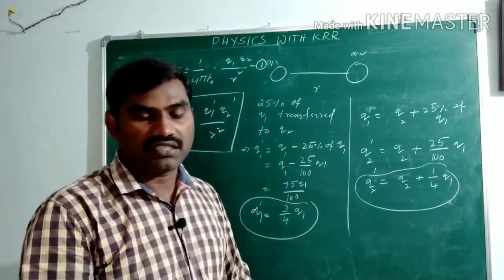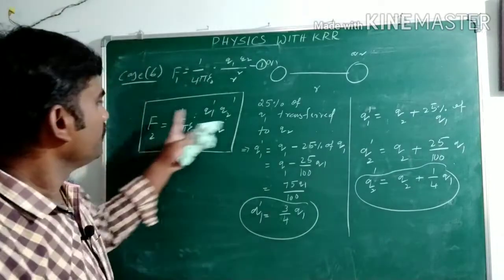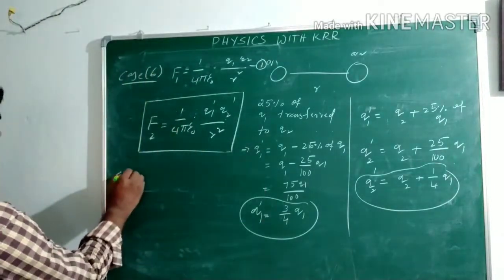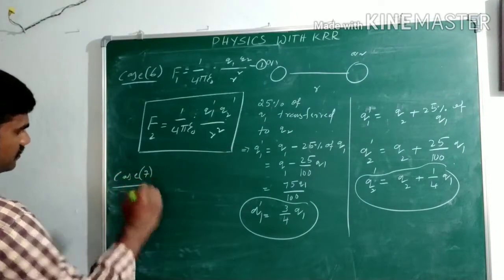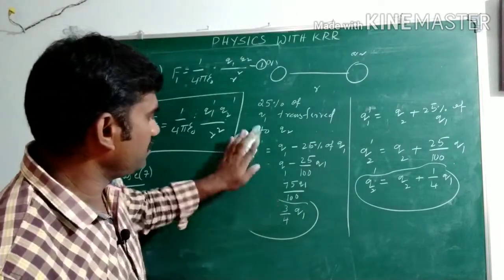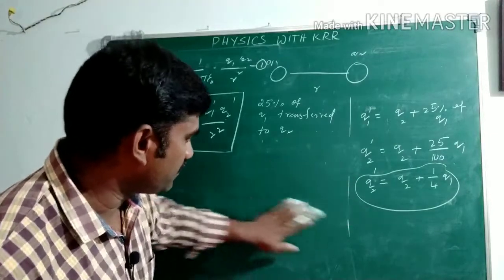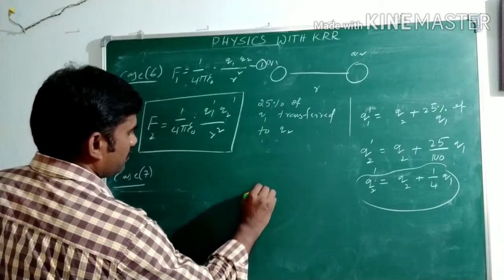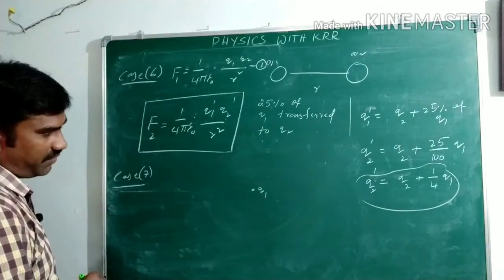Now, they will ask for the ratio of forces. So these are the different cases, and another case we can also take. This model of numerical was asked in a previous AIPMT examination. For example, a charge is placed at this point. This is charge Q1.